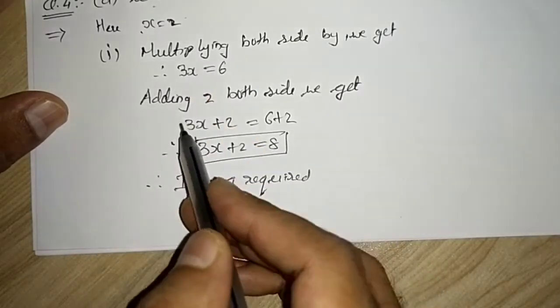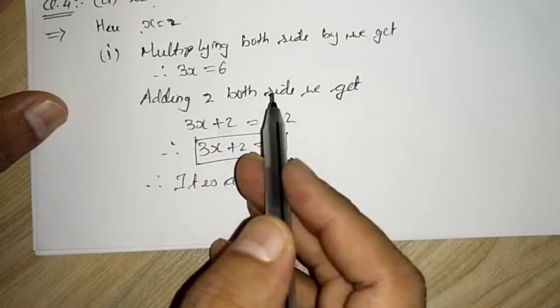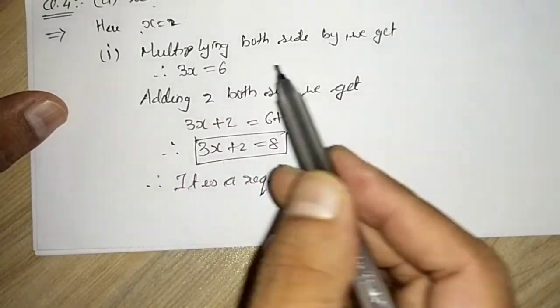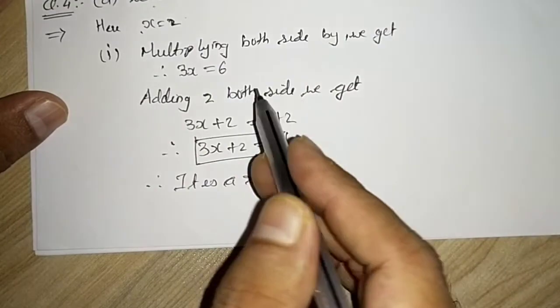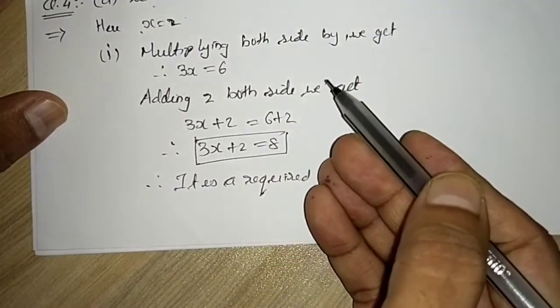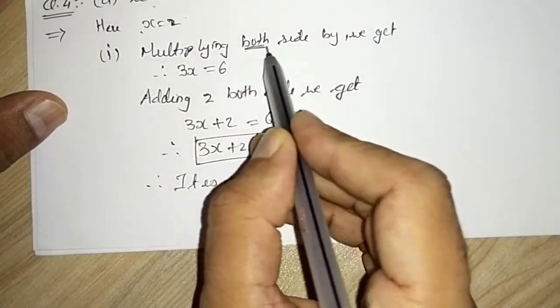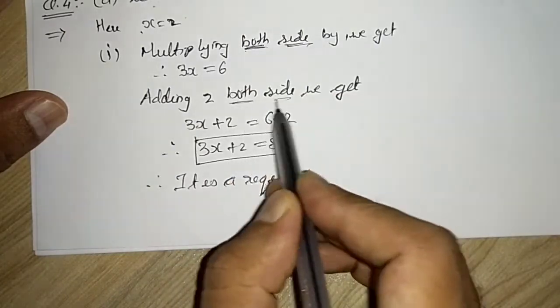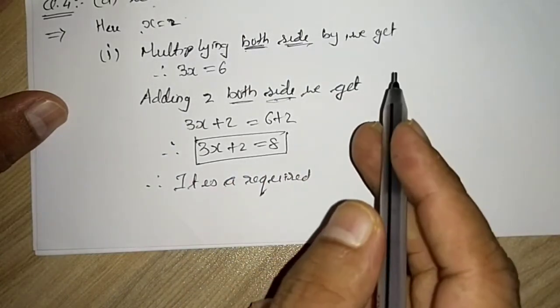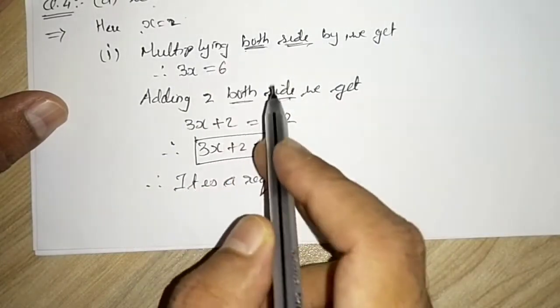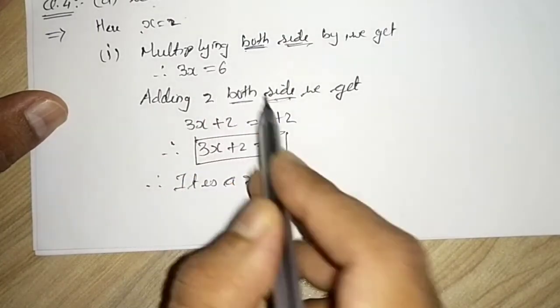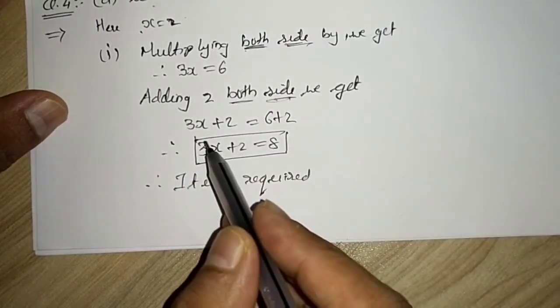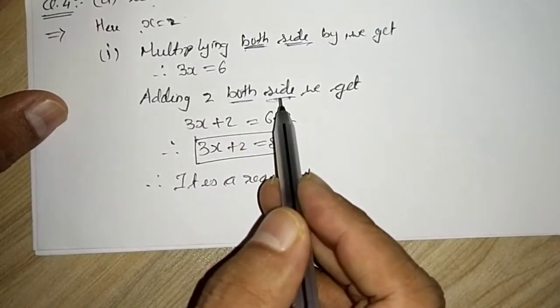While multiplying or while adding or subtracting or dividing, we should do the same thing which we are doing in LHS, we will do in RHS also. That's why I have written multiplying both sides, adding both sides. Whatever we do, either addition, subtraction, multiplication or division, we will do on both the sides.